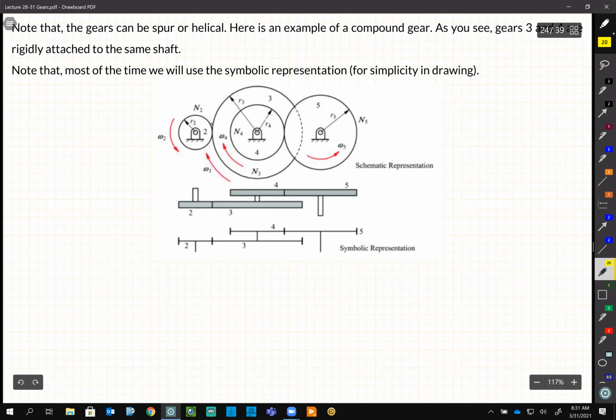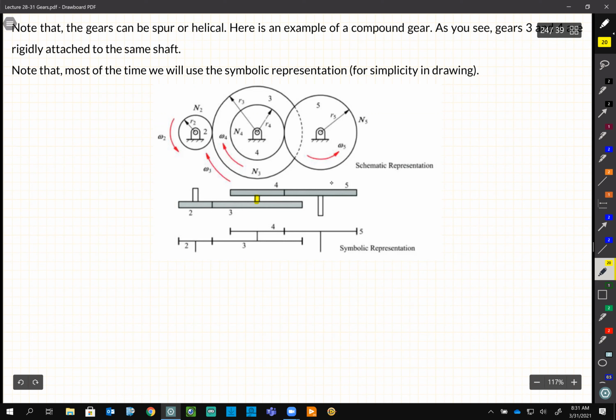In the picture on the top, you see gear 2 is in contact with gear 3, and then 3 and 4 are on the same shaft, right? 3 and 4, they are on the same shaft, so they have the same speed. And then 4 transfers its power to 5, and then the rest.